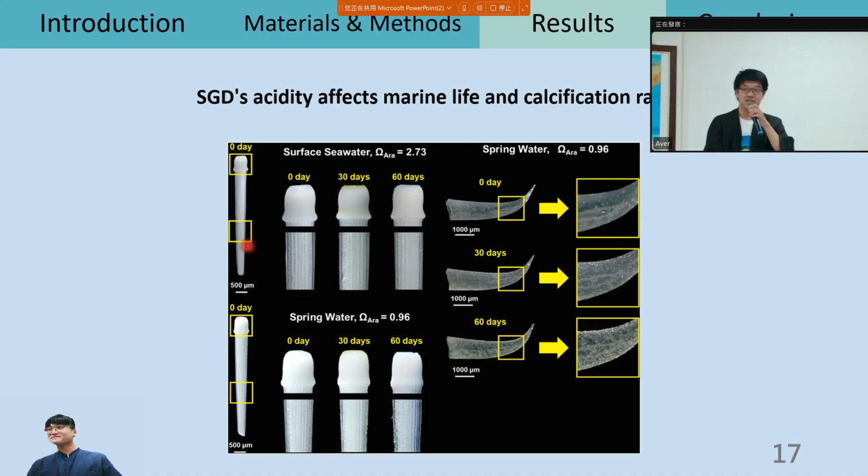I just wonder why you chose Xiaoliuqiu and Dongsha for the experiment. Why not choose other islands like Jinmen or Lanyu?